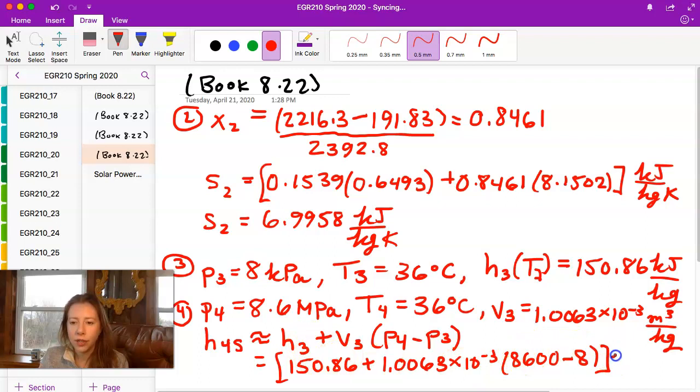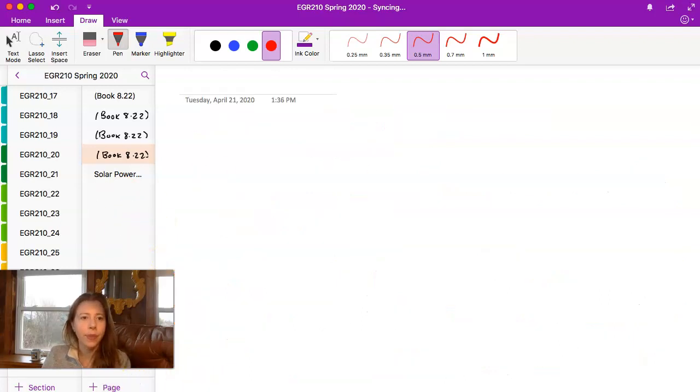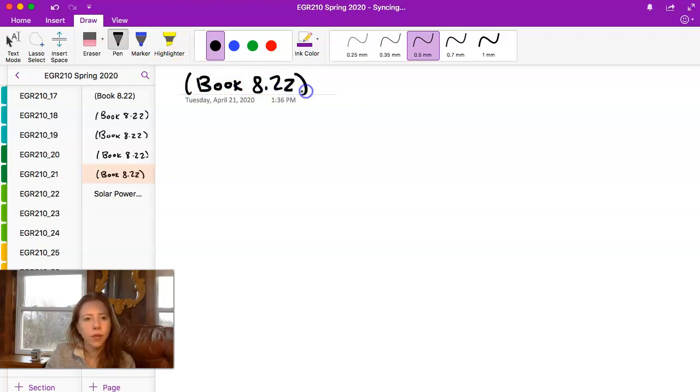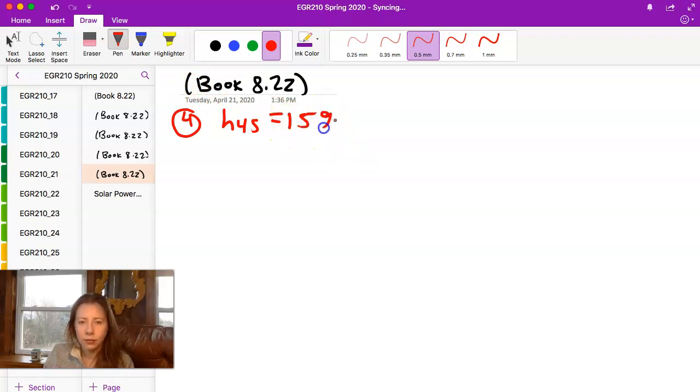And so we'll end up with kilojoules per kilogram at the end. And I'm going to open up a new sheet to put our H4S. All right. And so we're still on 4. H4S is going to be 159.51 kilojoules per kilogram.